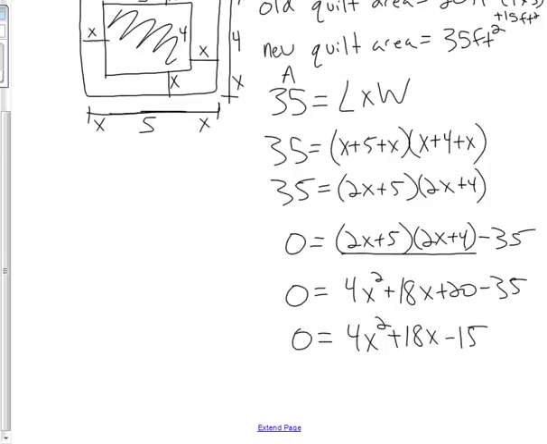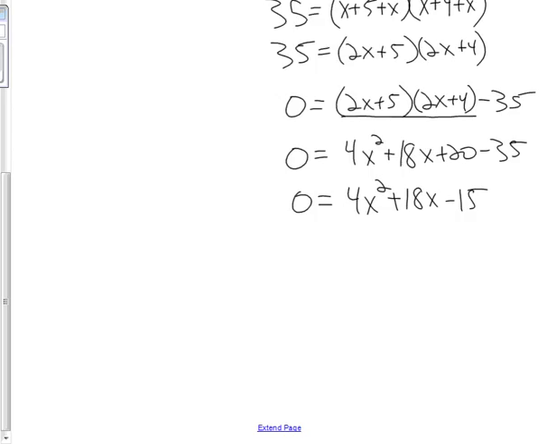Okay, so now this is something we can solve. We could use the quadratic formula, we could try to factor it, we could complete the square, we could really choose anything we want. Since applications tend to have numbers that aren't perfect integers, like decimals or large numbers, I'm just going to go with the quadratic formula.